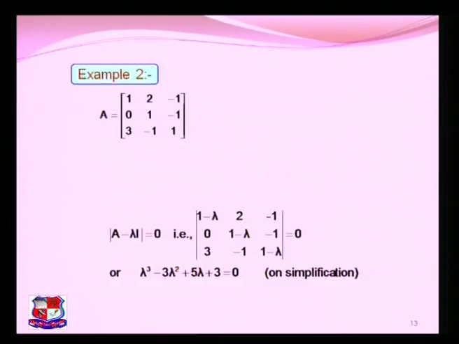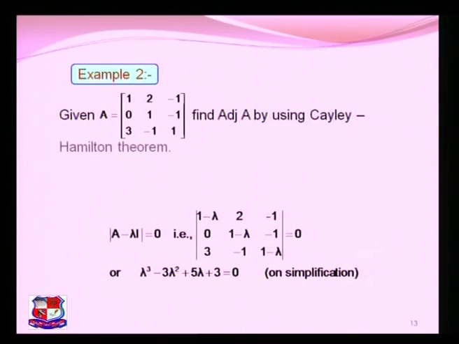Now let us move. So one more example. The question is, given A is equal to the matrix [1 2 -1; 0 1 -1; 3 -1 1], find adjoint of A by using Cayley-Hamilton theorem.